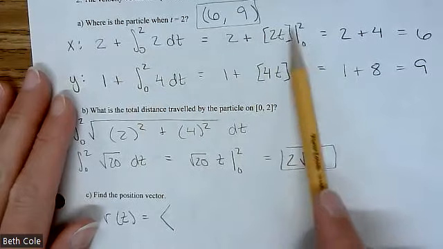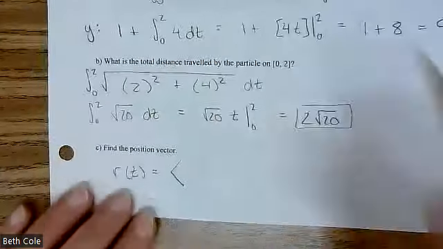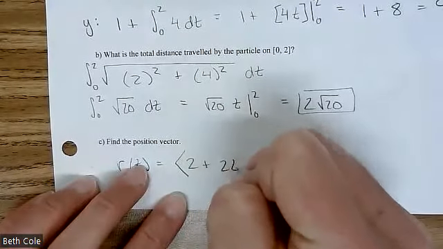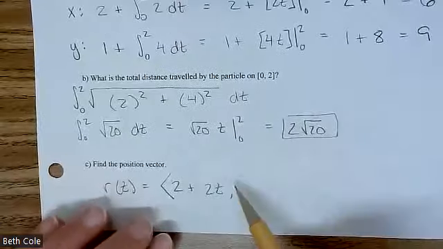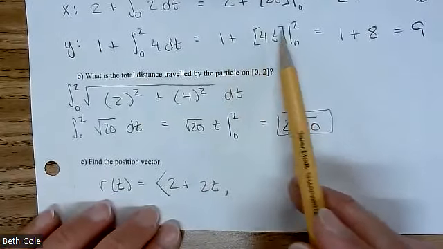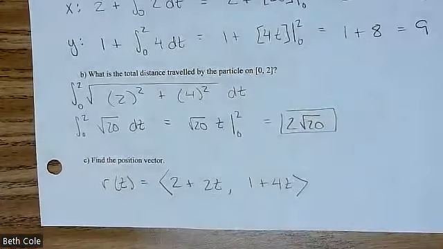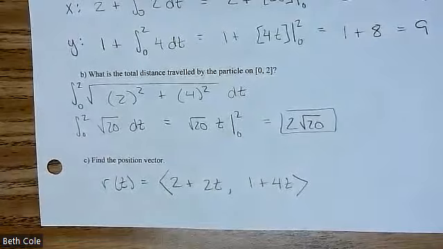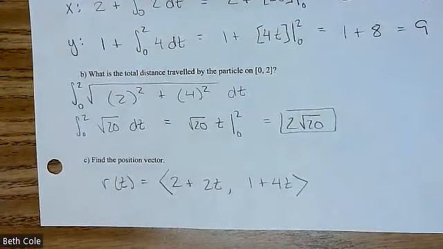Do you see this right here? 2 plus 2t. I'm not going to make you do it again. And then what would it be for the y part? Look back at part A. 1 plus 4t. We just didn't plug in any actual numbers. We just wanted the general formula, so we left the t's in there.